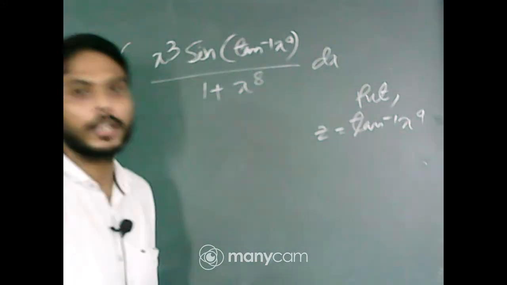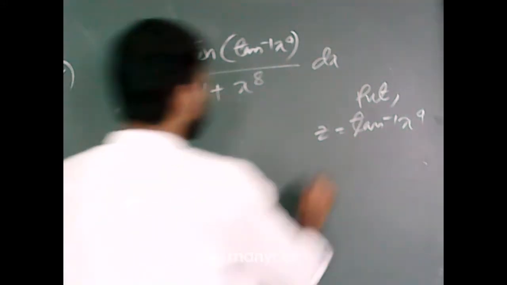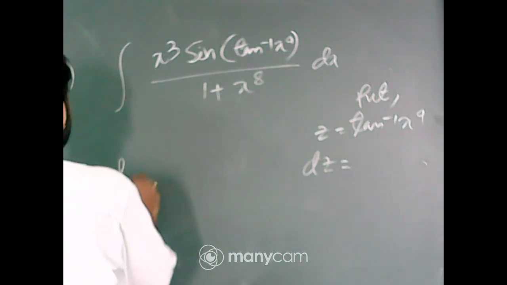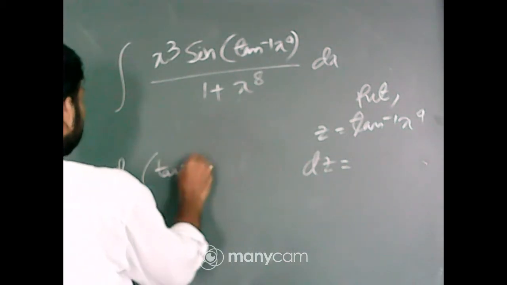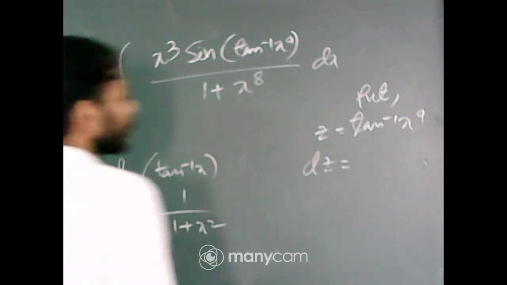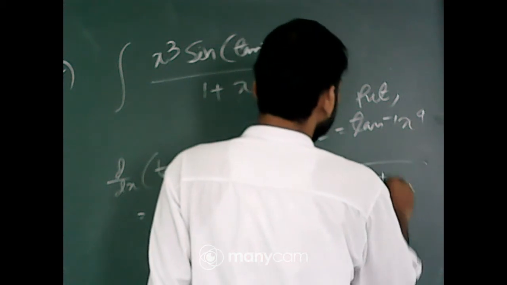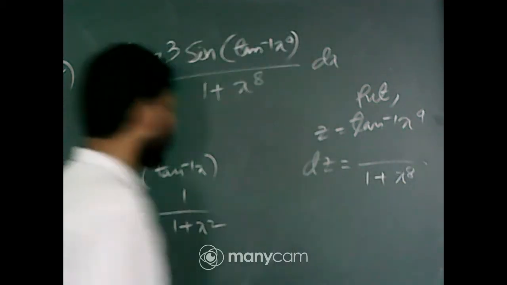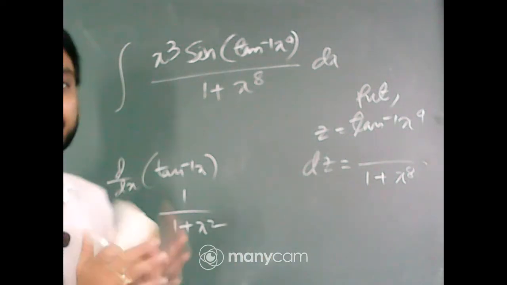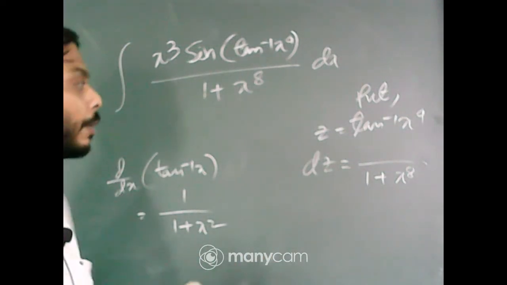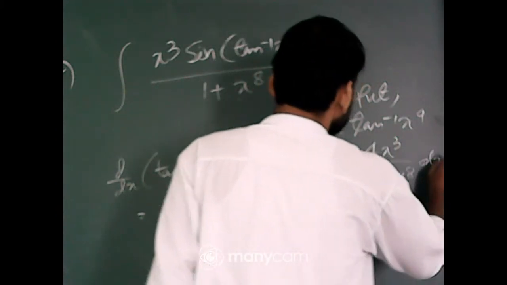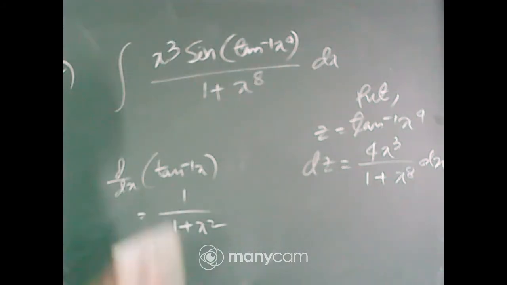After doing the differential, you get dz equals, you know the formula that d dx of tan inverse x means 1 by 1 plus x square. Here it will be 1 by 1 plus x to the power 8, because x to the power 4 whole square means x to the power 8. Now you have taken x to the power 4 as x, so you have to differentiate x to the power 4 again. That will give you 4x cube, then dx. Okay, have you got this portion?